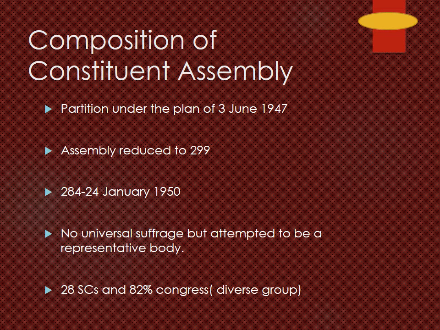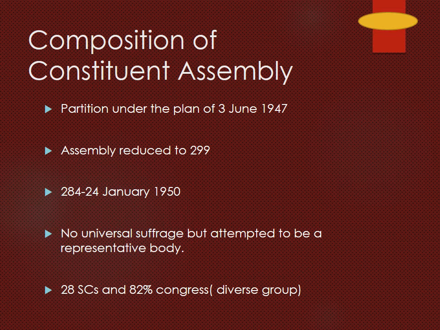That's why the number of members was reduced to 299, and 284 members were actually present on 24 January 1950 and appended their signatures to the Constitution as finally passed.